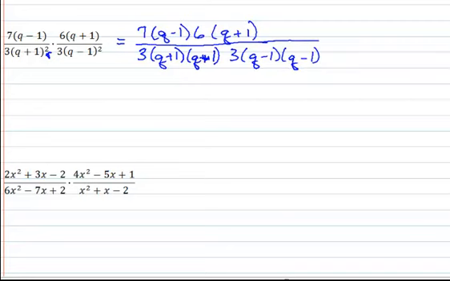And again, anything the same, numerator and denominator. Here's a q minus 1. Here's a q plus 1. And then is there anything with the numbers that we can simplify? And we see that we've got a 6 here and a 3 here. And of course 3 goes into both of those.